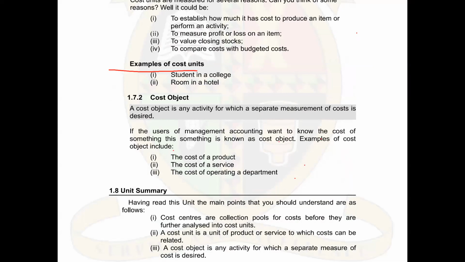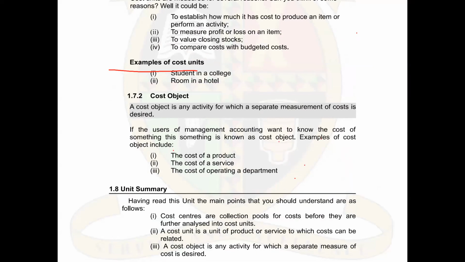Then the cost object. The cost object is any activity for which a separate measurement of costs is desired. The object upon which you are applying separate measurement of costs is called a cost object. It can include the cost of a product, the cost of a service, the cost of operating a department.